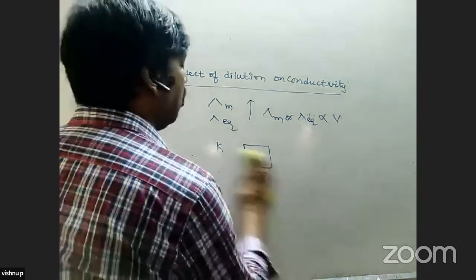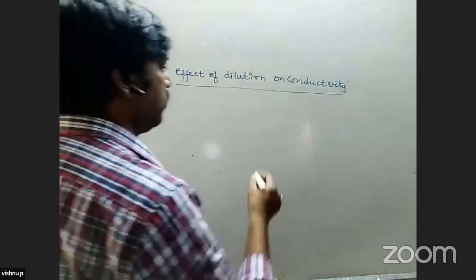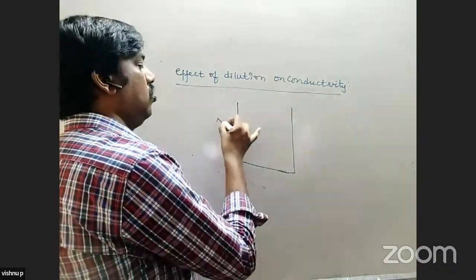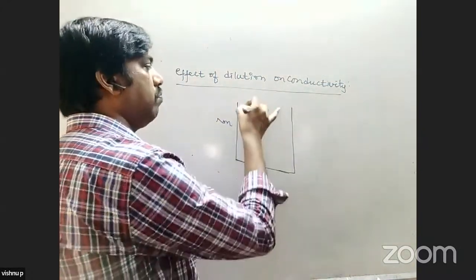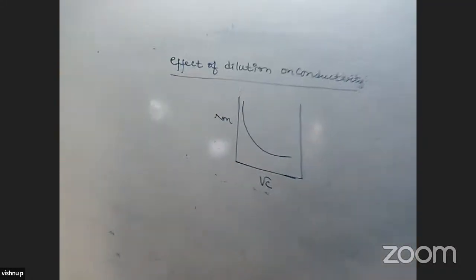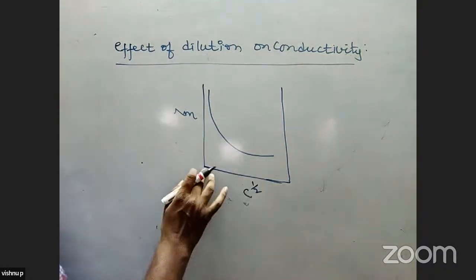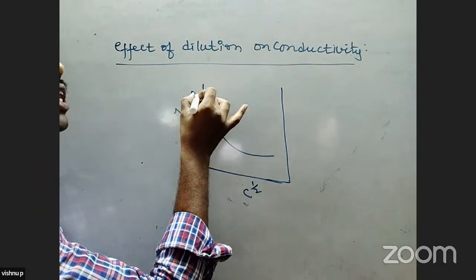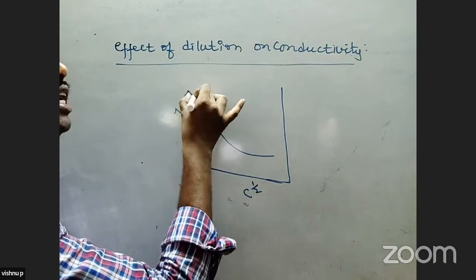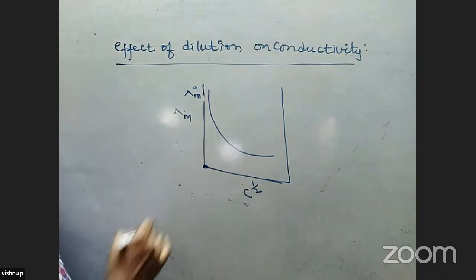Okay, next is molar or equivalent conductivity when we compare with weak electrolytes. If we draw a graph, molar conductivity is on one axis, and here we write root C, where C is the concentration, or we can write C to the power 1 by 2. Here the dilution is infinite dilution, and the conductivity is called limiting molar conductivity, and here the concentration is 0.